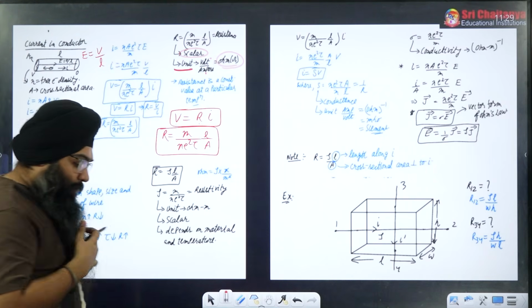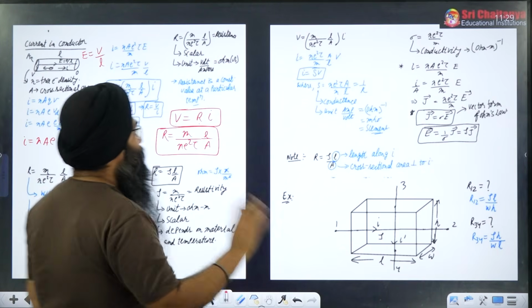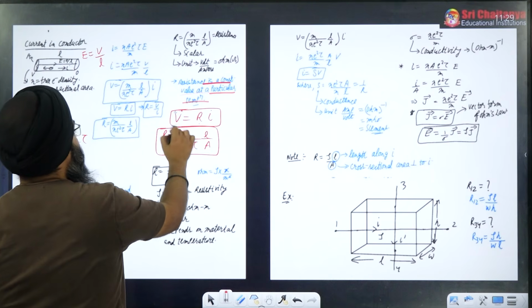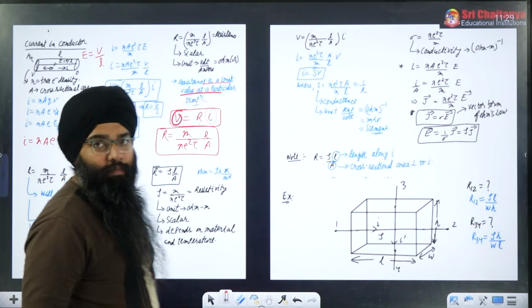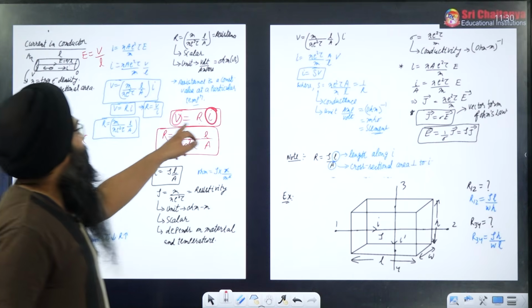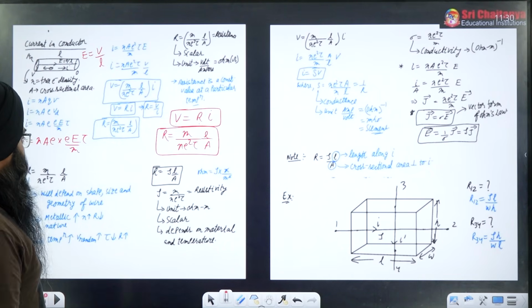Always remember, for a particular material at constant temperature, the resistance will be a constant value. It will not depend on the voltage and the current of the conductor. It will be equal to V by I. I hope this entire concept is clear to you.